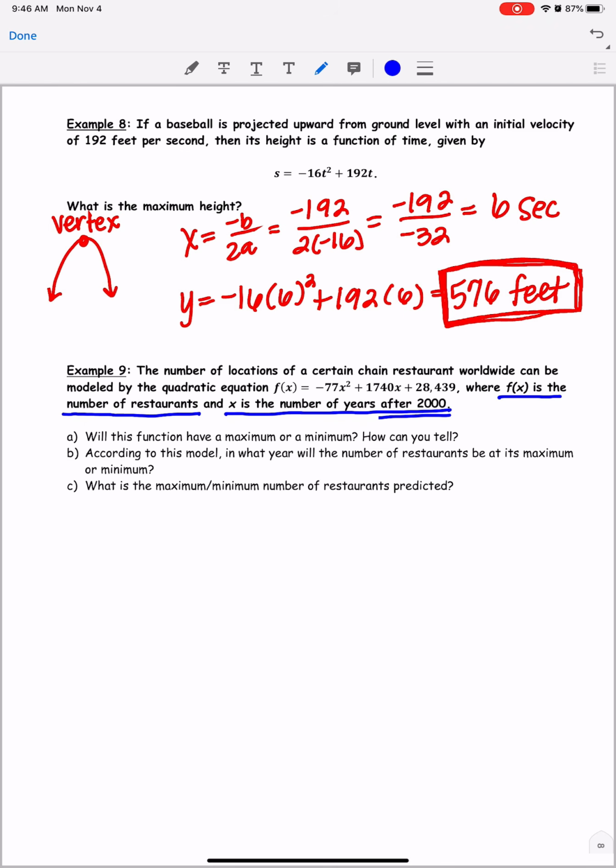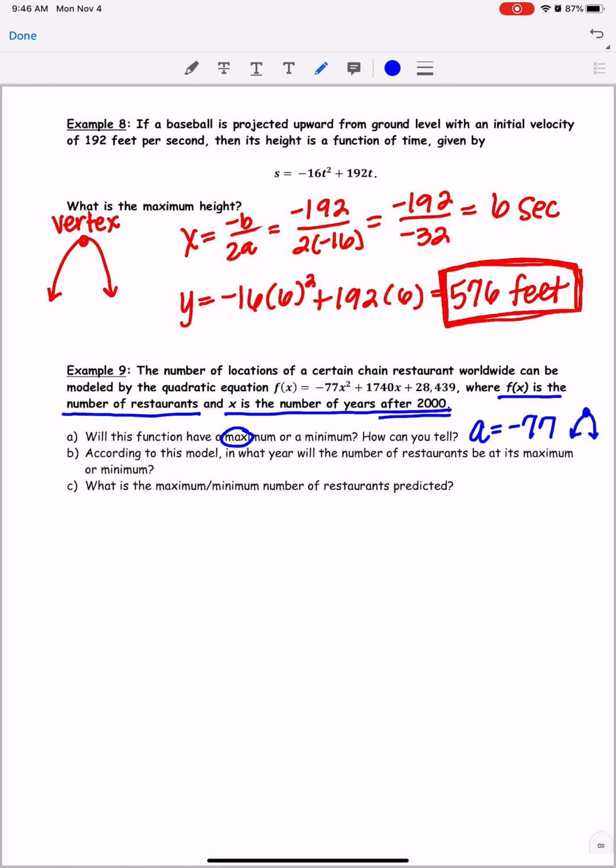So, A, will this function have a maximum or a minimum? Well, because my A is a negative 77, that means this is going to go down. And so this top right here is going to be my max. How can you tell? Because A is negative. Okay, A is negative 77.